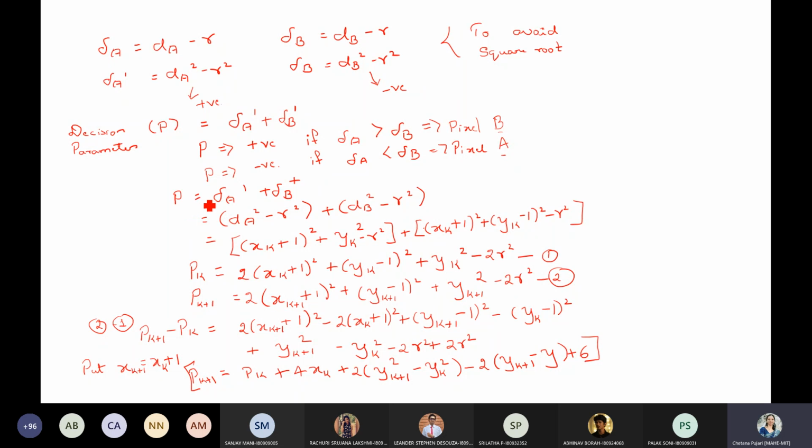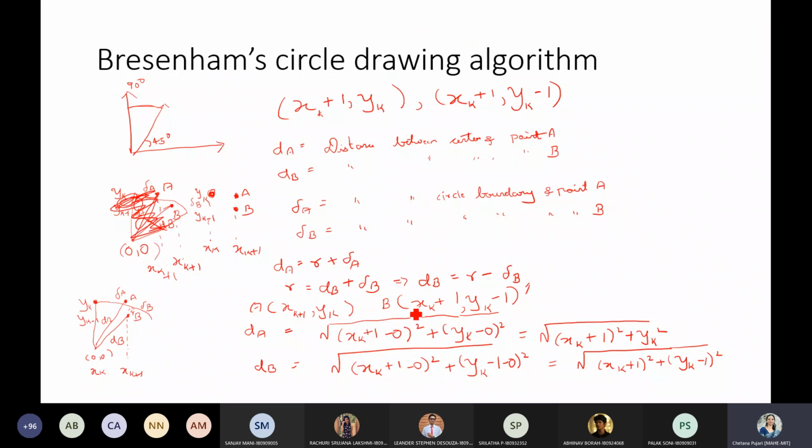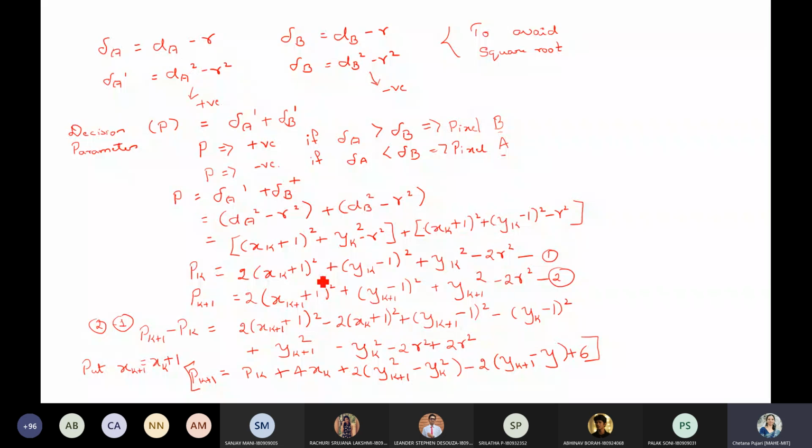Then you are calculating the decision parameter, which is the addition of delta A naught plus delta B naught. Just represent delta A and delta B in terms of dA, and then represent in terms of xy, which we already calculated over here. And then you have your pk, which is equal to this equation.